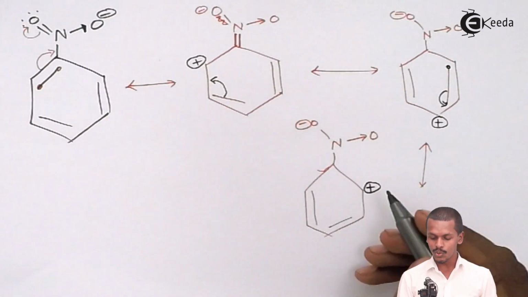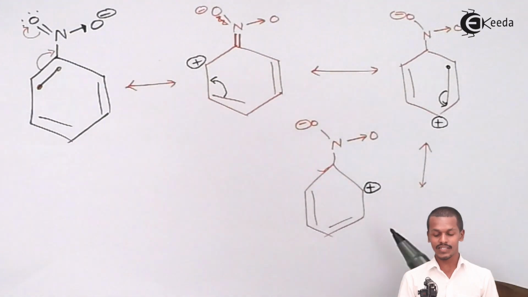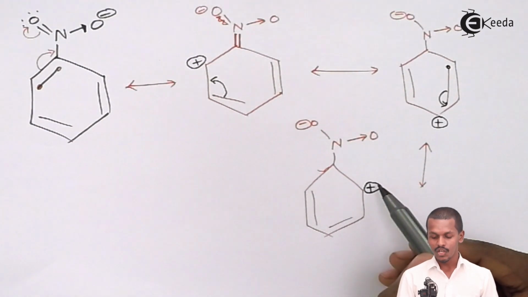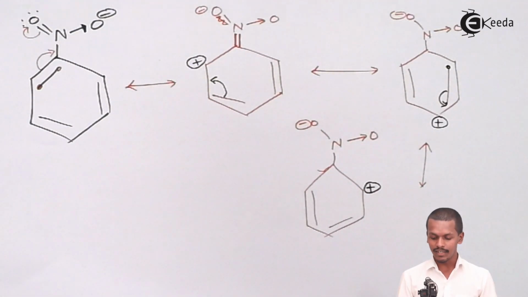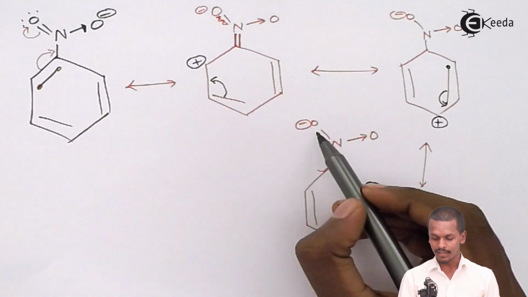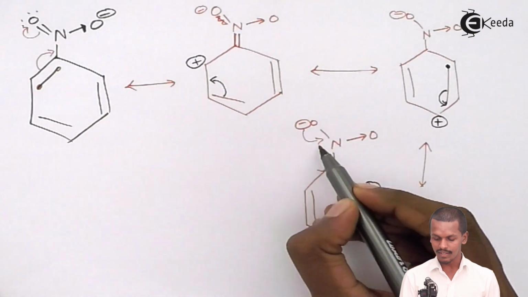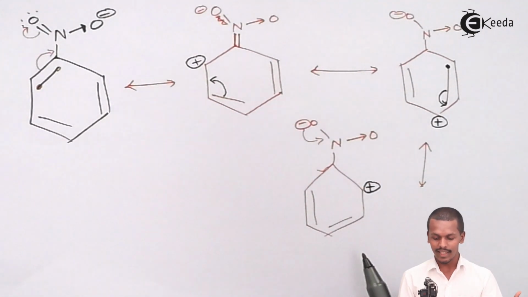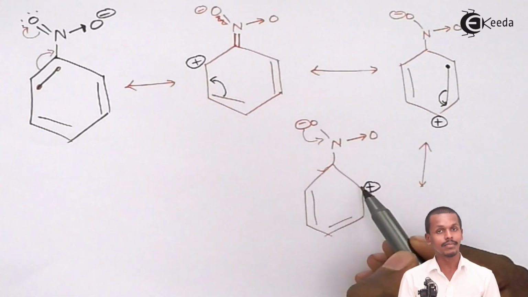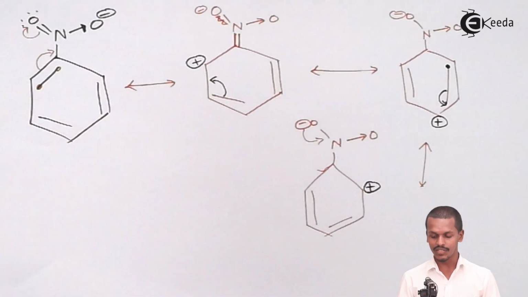And ultimately, so as to neutralize this carbon atom which is positive, we could see that again the shifting would take place in such a manner that the double bond has been regenerated between the carbon and this nitrogen.